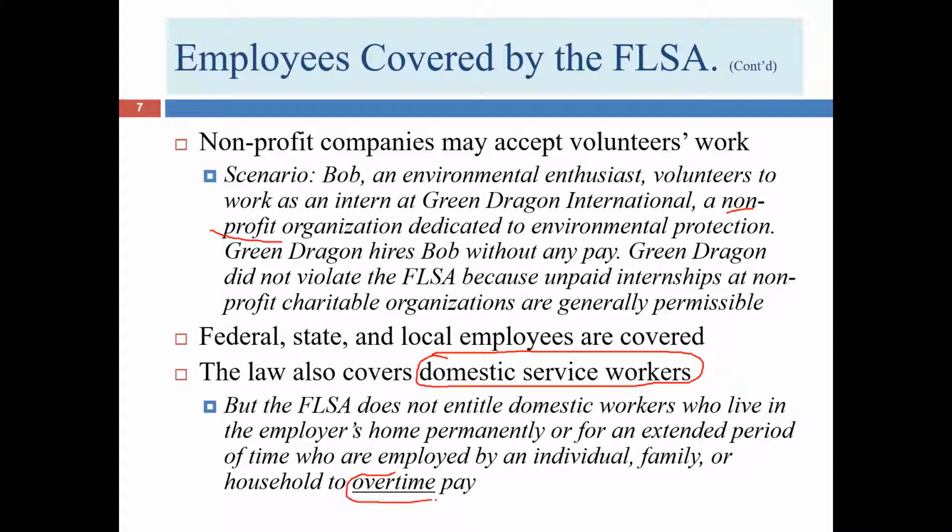So if I am employed as your butler in your house and you pay me $10 an hour and I happen to work 50 hours in that week, I'm not entitled to time and a half for the time that I work over 40 hours. Now, certainly I can work that out with you as part of my employment relationship. That's fine between the parties, but that doesn't have to be a component to my wages under the FLSA.